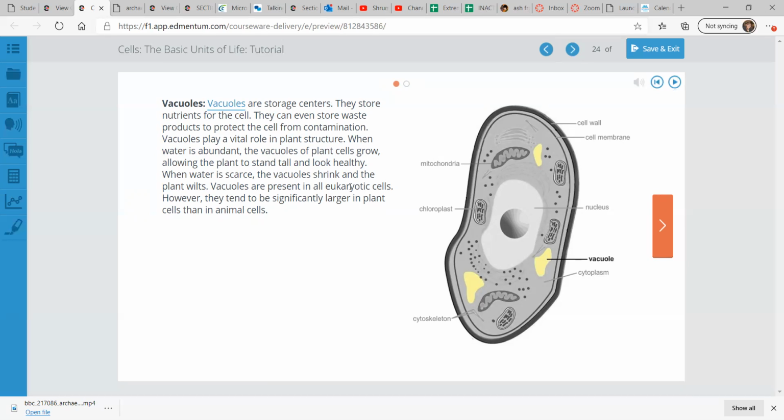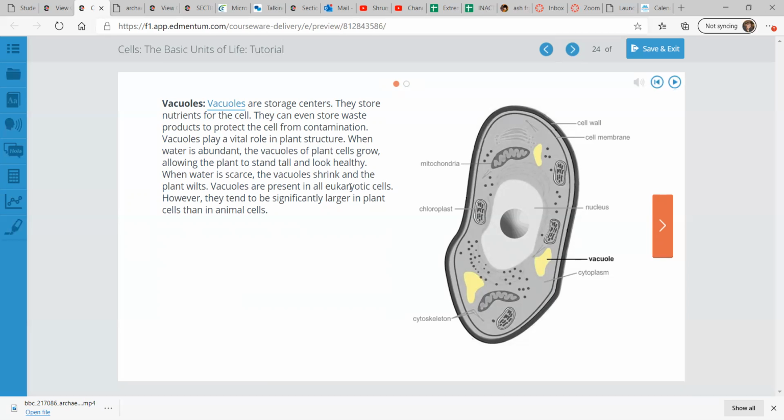And they play a very big role in the plant structure. And when water is abundant, the vacuoles of plant cells grow, allowing the plant to stand tall and look healthy. If you have plants, this is what makes them appear like healthy green plants.